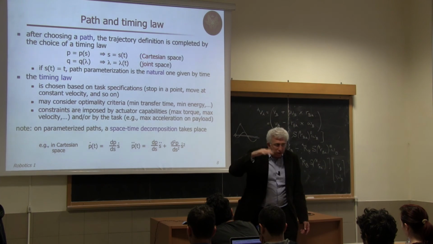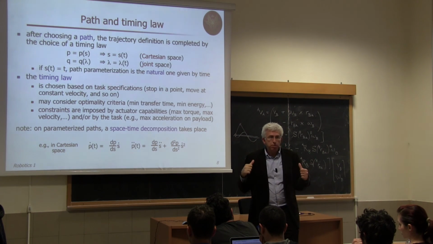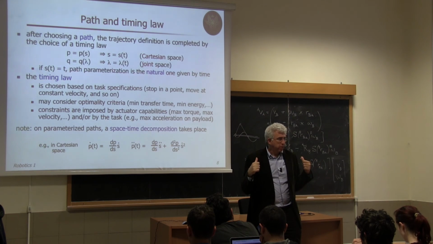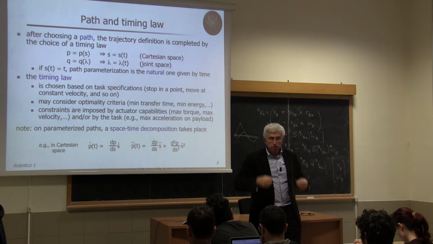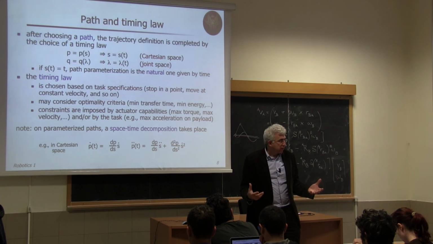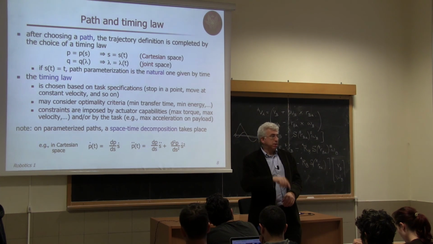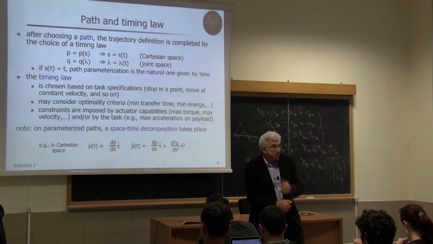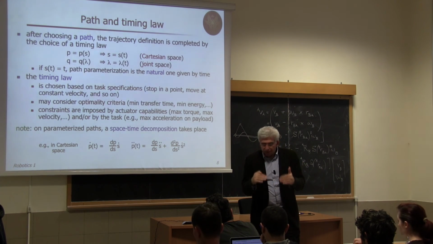So I have a constraint in the task space. And then I have constraints in the joint space where the actuator is. We know that the actuator cannot provide more than a certain torque, and not even more than a certain speed. Also because the torque is enhanced by the presence of reduction, and the speed is reduced by the presence of reduction. So I have this limit to be satisfied.